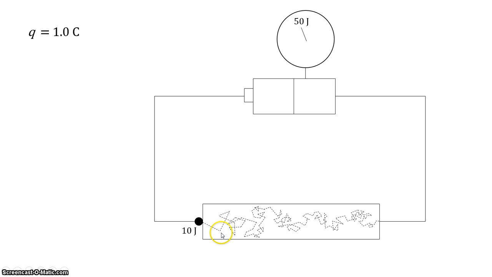With every collision, the charge gives some of its potential energy to a molecule, and by the time it gets out the other end, it doesn't have any energy left. So it loses all 10 joules inside of the resistor. It then returns to the other terminal, where it is pumped back up, and in pumping up with 10 joules, that charge, we use 10 joules of chemical energy.